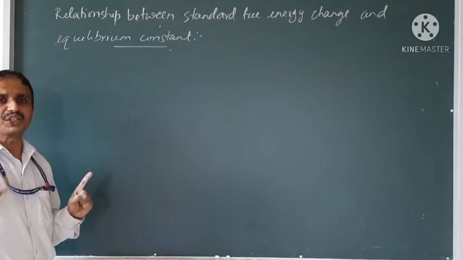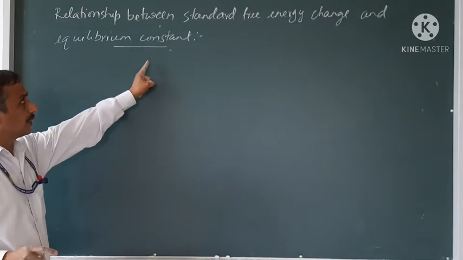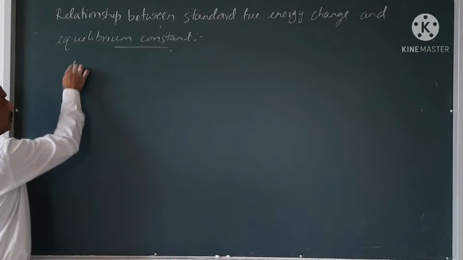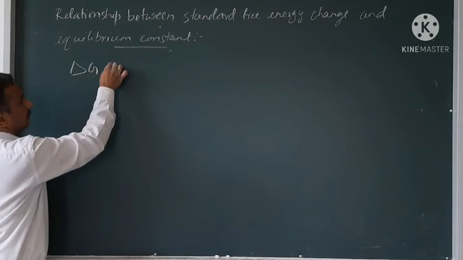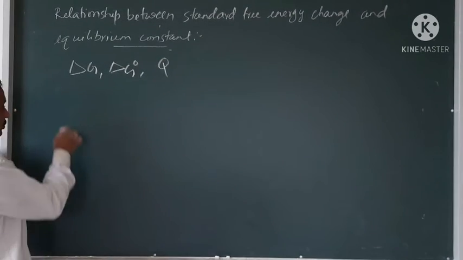To derive the relationship between standard free energy change and the equilibrium constant, I should have the delta G naught value and the Q value, the reaction quotient.